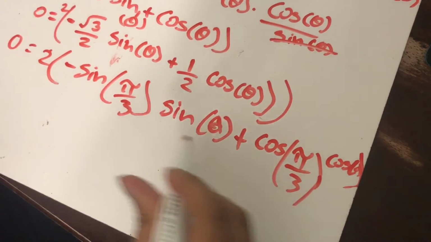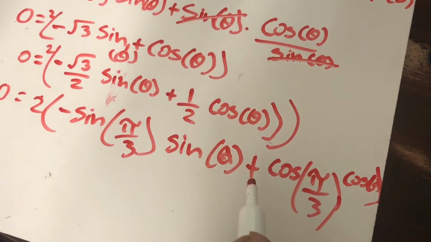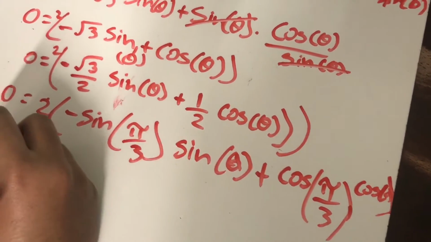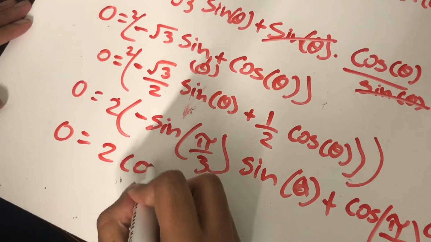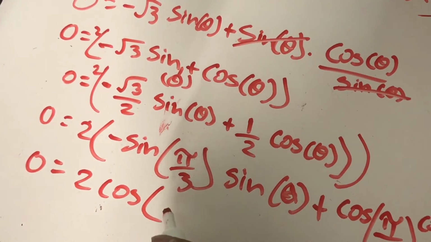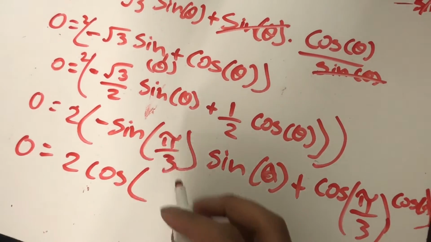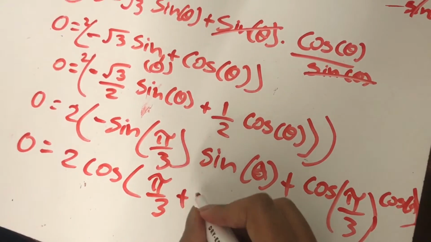So now, as you can see, we can use the sum and difference formula over here. So this will turn into 0 equals 2 cosine, the sum formula for the cosine, and that's going to turn into these values, so it's going to be pi over 3 plus theta.